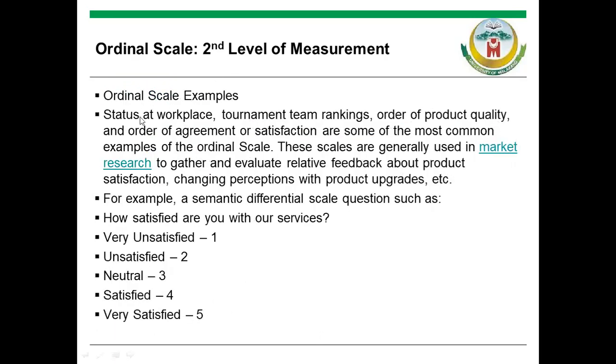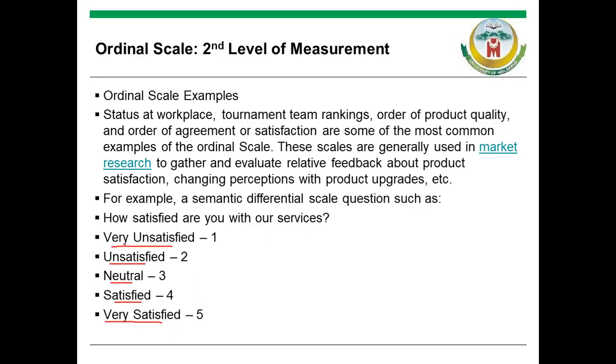Now, ordinal scale actually shows the level of a variable. For example, we say, how satisfied are you with our services? And the options are very unsatisfied, unsatisfied, neutral, satisfied, and very satisfied.